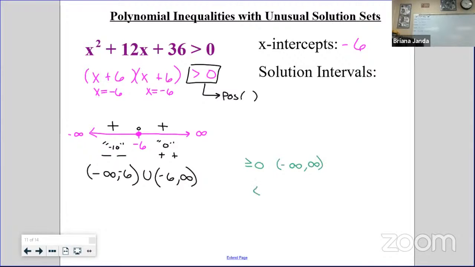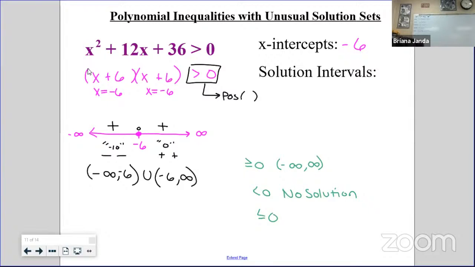What if it had said less than 0? Do we have any sections less than 0? No. No solution. But here is your tough question: is less than or equal to 0 also no solution? Is less than or equal to 0 no solution in this problem?